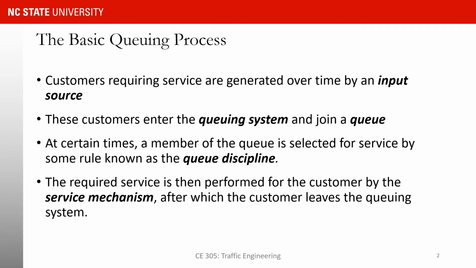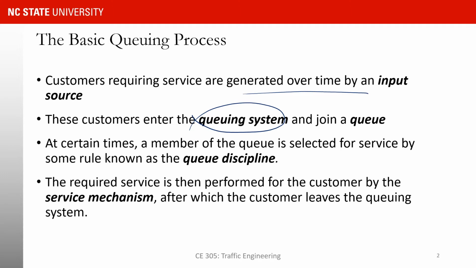So maybe at one time interval you have 2 customers, next time interval you have 10, and this number could be uniform. Let's say every time interval you have 2 customers, or it could be varying from one time interval to the next one. What happens is that these customers are generated over time and then they enter a queuing system.